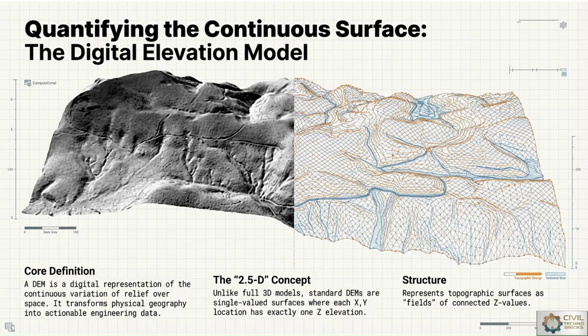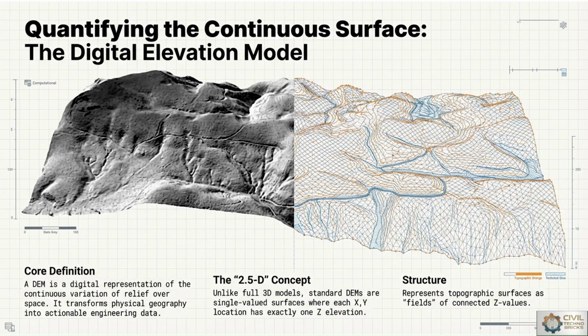So the 2.5D concept: unlike a full 3D model, standard digital elevation models are single valued surfaces where each xy location has exactly one related z elevation. So xy, that is 2, and z elevation will be the 0.5, that is the 2.5D concept. So what is the structure?